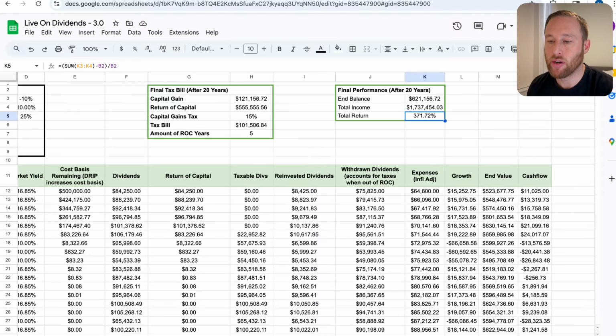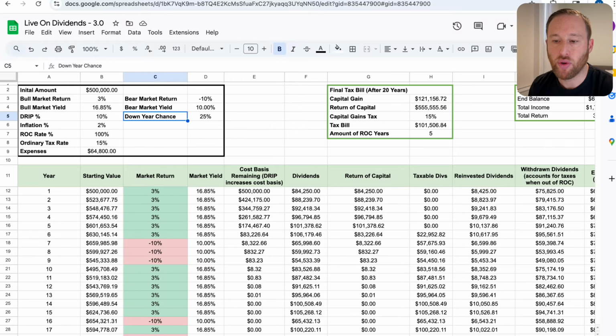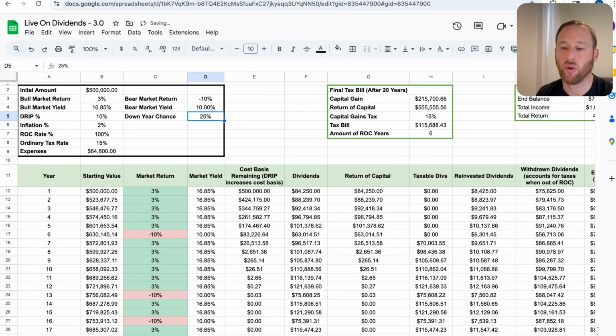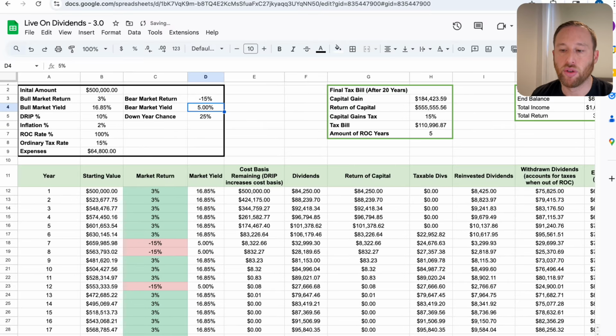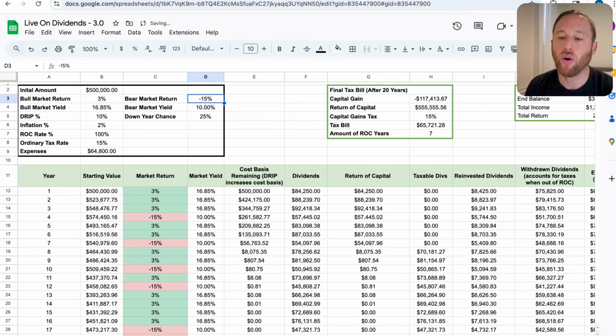So you can make and adjust this as you see fit. In this case, if you want to increase your down year chance to 40%, you can do so. If you want to bring down your bear market returns to negative 15%, you can do so. If you want to bring down the yields, you can do so, right? Like, you can decide how this works.